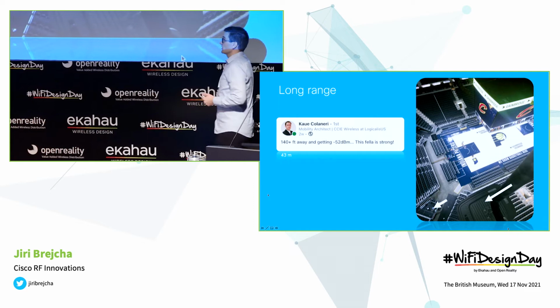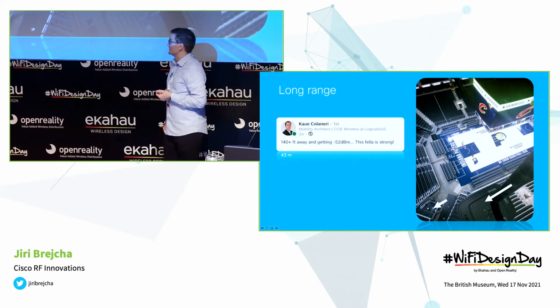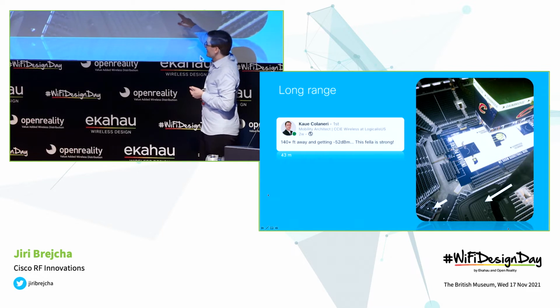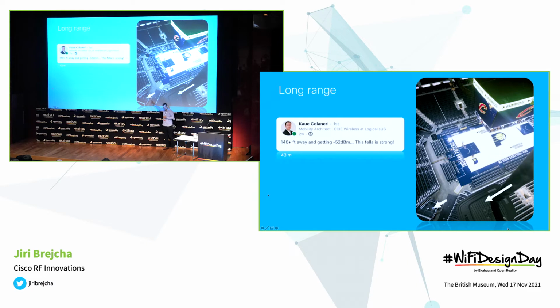So from the long-range perspective, Cowie from the US deployed one of these, actually probably more of these, in an arena. So this is the actual AP. There's a little person down there who's connecting to that AP.